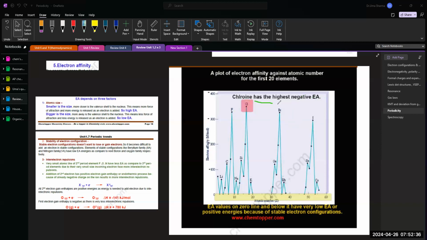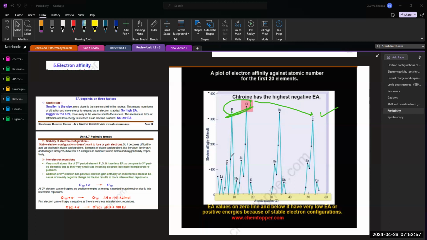So down the group, electron affinity decreases with the increase in atomic size. So that reason will work here. Inter-electron repulsion will work only in the comparison of second period with third period.